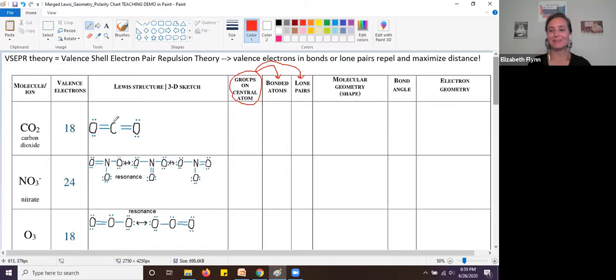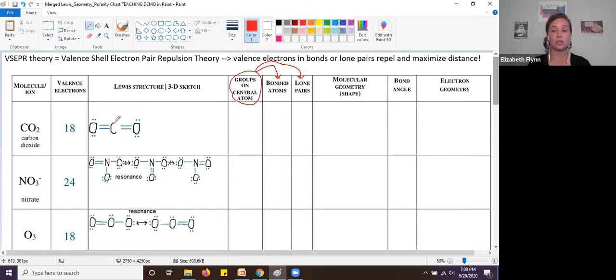Cool. So yeah, I'm seeing lots of numbers. Okay, good. Lots of participation. Thank you. And okay, I'm seeing 4 is a number. I'm wondering if you're thinking of actual number of bonds, right? We look over here, it's bonded atoms, not how many bonds are on the central atom, but how many bonded atoms. And when we look here, are there any lone pairs on that central carbon?